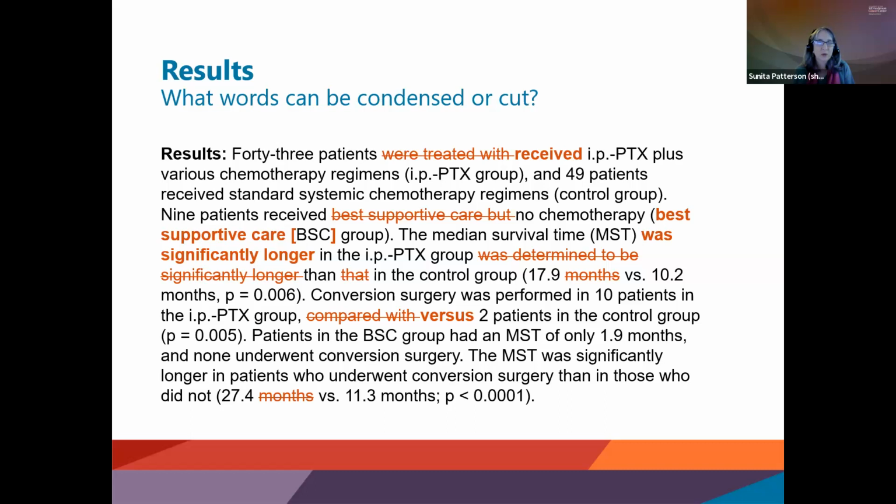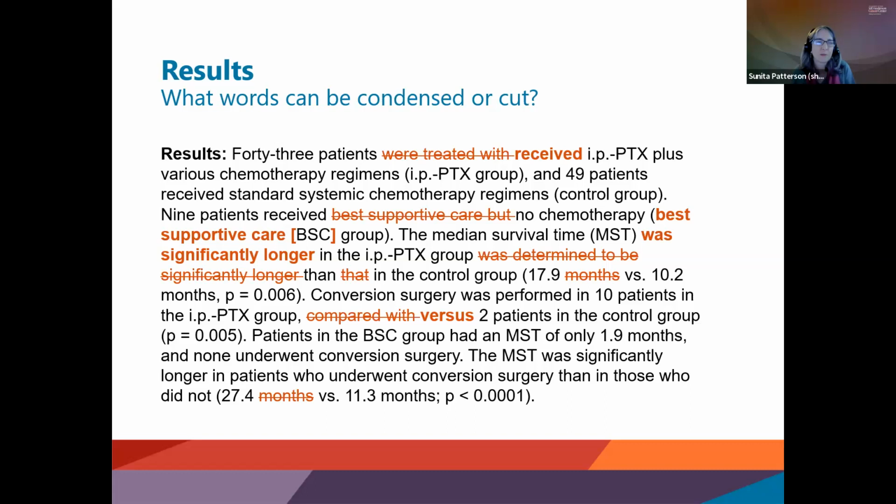Instead of "were treated with," we shortened that to "received." We decided to say 9 patients received no chemotherapy and then put best supportive care in parentheses. Sometimes when you put things in parentheses, you can drop a few words. We restructured the sentence.